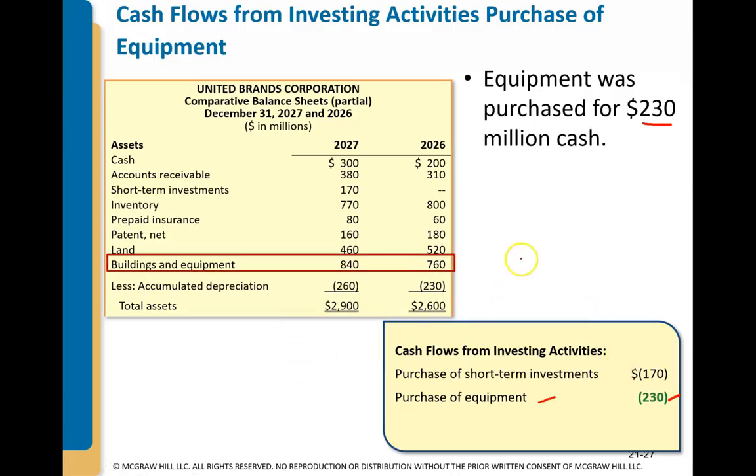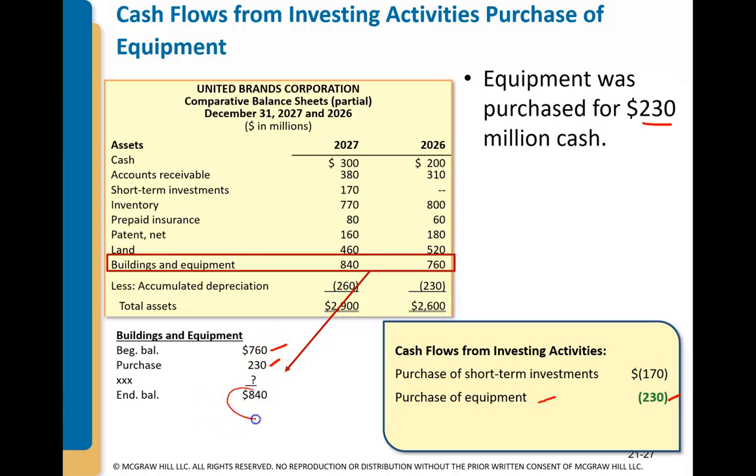Now, is that it for the buildings and equipment? We don't know. The best way to see if you've addressed all the items impacting your long-term asset accounts is to roll them forward. So our beginning balance is $760. We just said we had a purchase of equipment, which would increase that balance by $230.